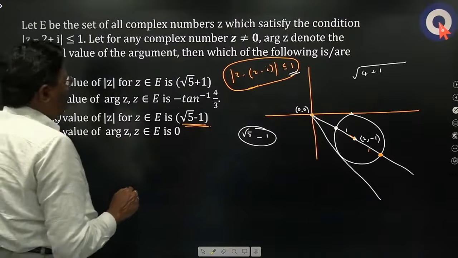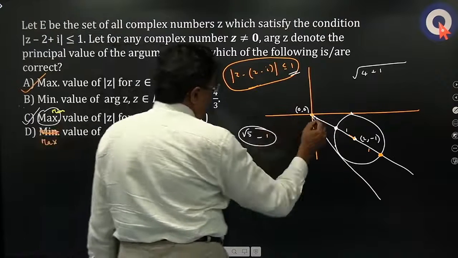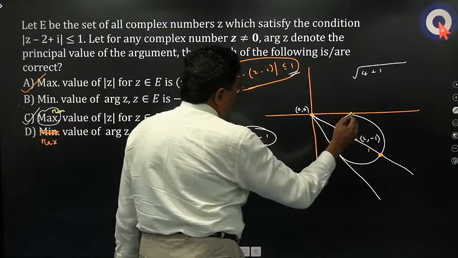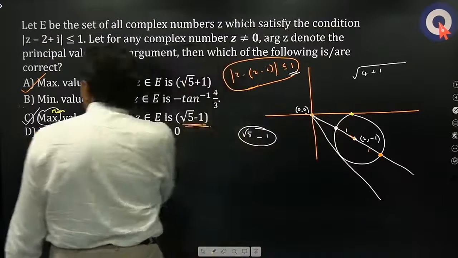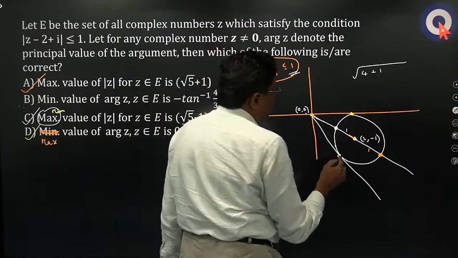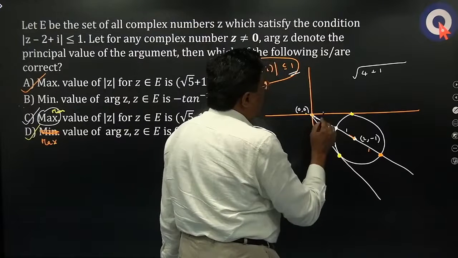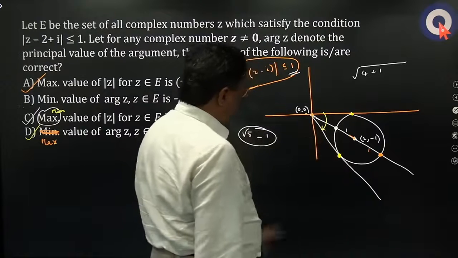So here the maximum value of arg z is 0, because when z is here, the argument will be maximum, which is 0. So this is maximum, and when z is here, the argument will be minimum. So this value we have to find out.